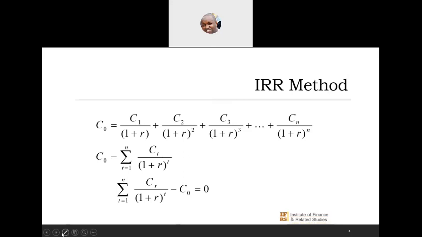What we are saying is, if we have our initial cash outlay or initial cash flow in year zero, C0, it should be equal to the discounted cash flows of all the time periods.